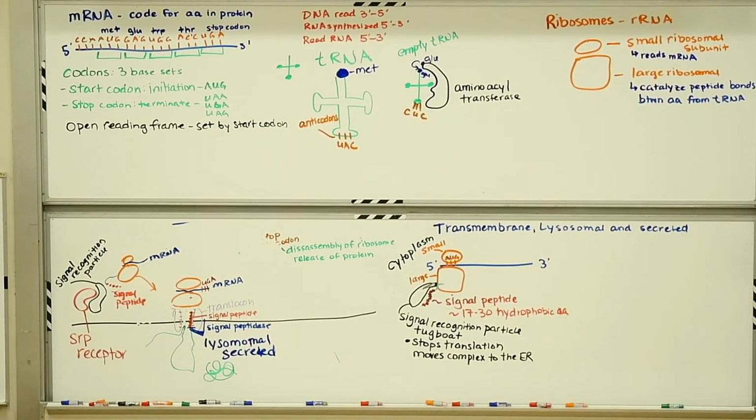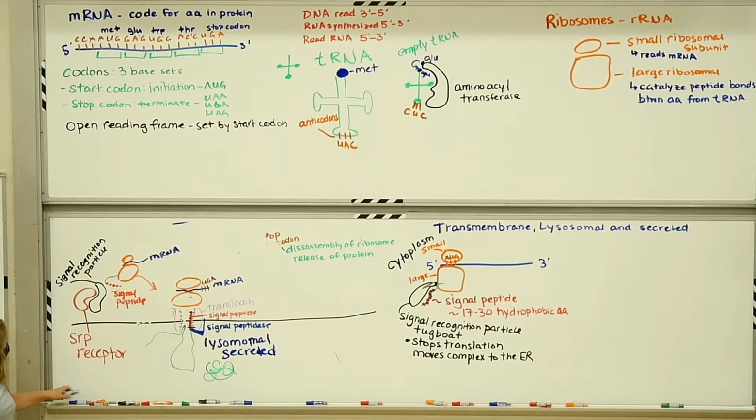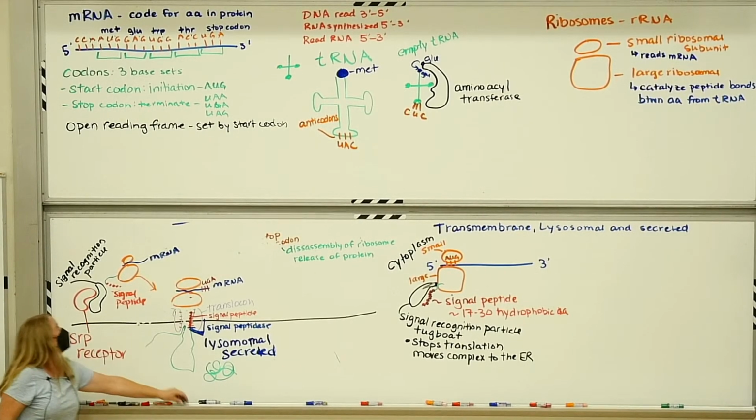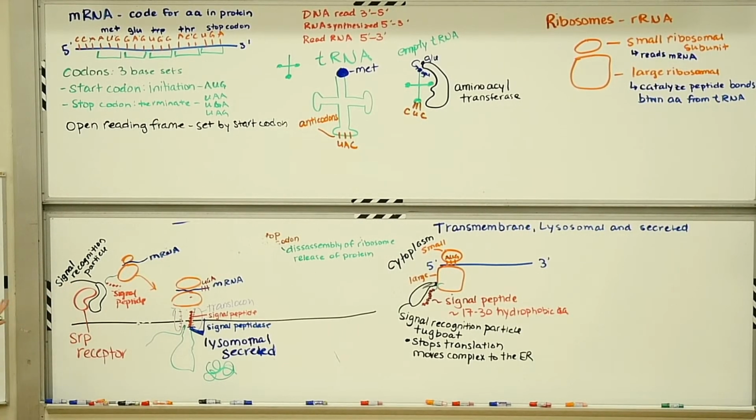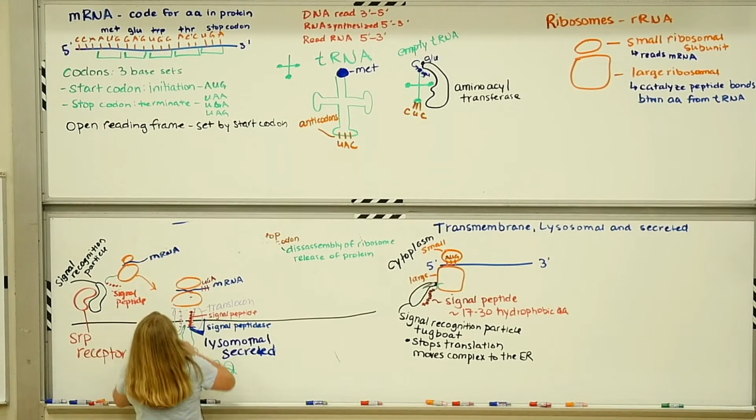Yes? So this used to be a free ribosome. This used to be a free ribosome, yes. They all start as free ribosomes. So then now it becomes a bound ribosome? Once it's bound to this translocon, we now consider this to be a membrane-bound ribosome.